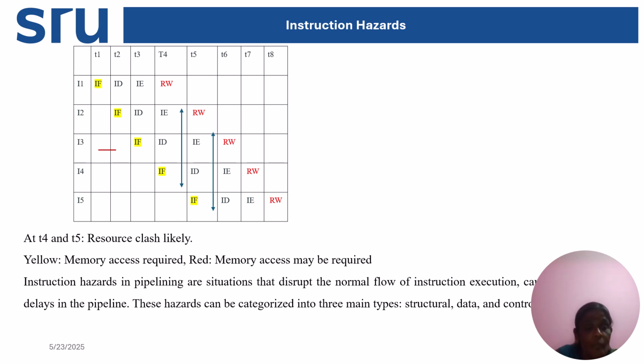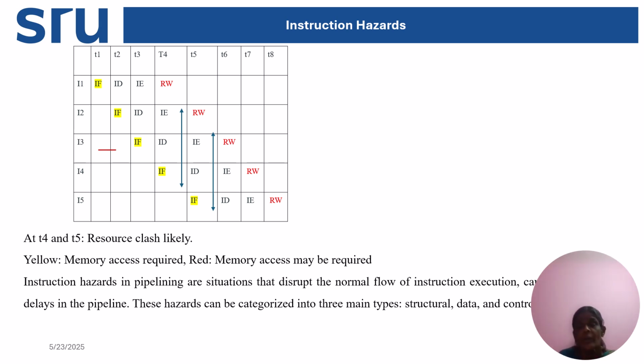So here after T4 and T5, resource clash likely. That is why I have given this straight line for T4. In this T4 clash will occur. In the same way, T5 clash will occur. Why will clash occur?